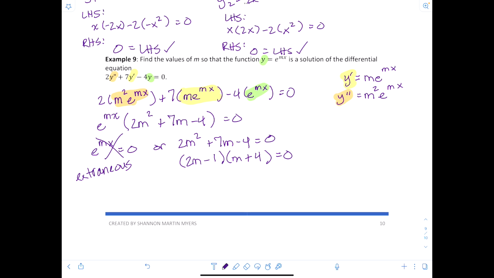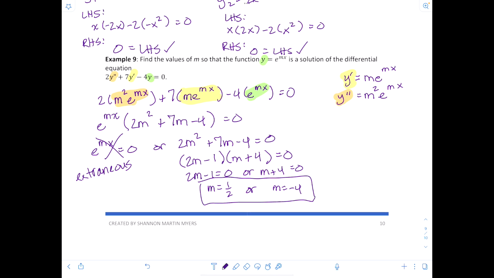Perfect. So that means that 2m minus 1 is 0, or m plus 4 is 0. So m is 1/2, or m is negative 4. And we're all done. All right, beautiful.